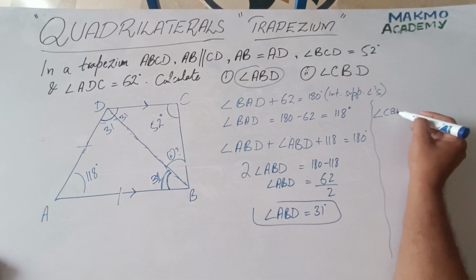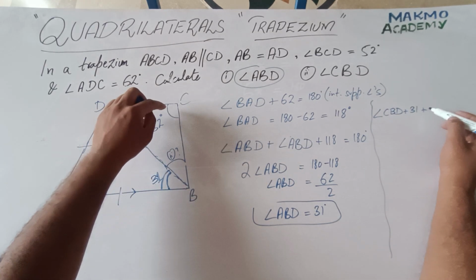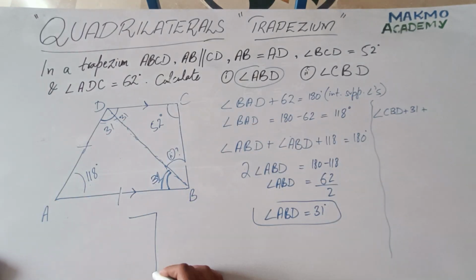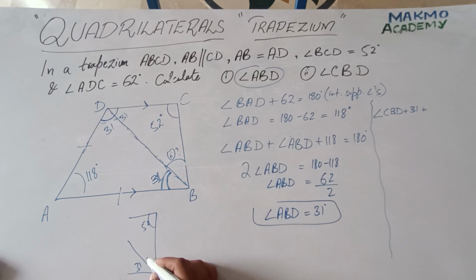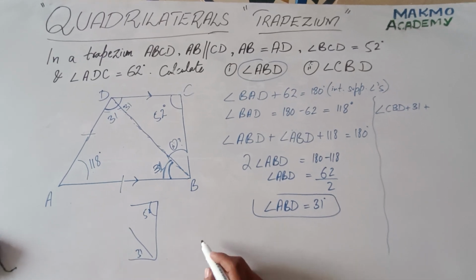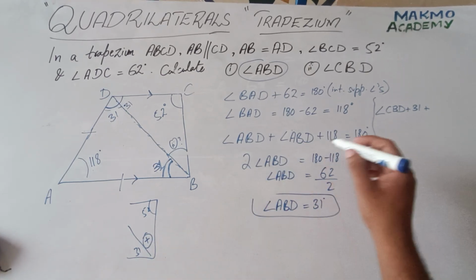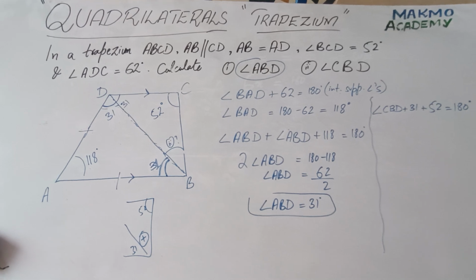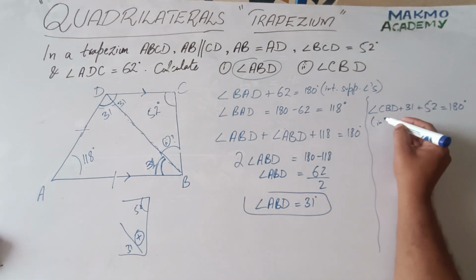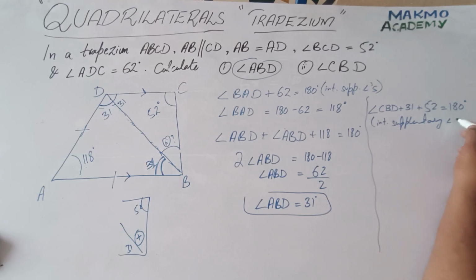Angle CBD plus 31 plus 52, because they are forming a letter C. This angle 52 plus 31 and plus this angle which is unknown, which is called angle CBD. Their sum would be equal to 180, interior supplementary angles.